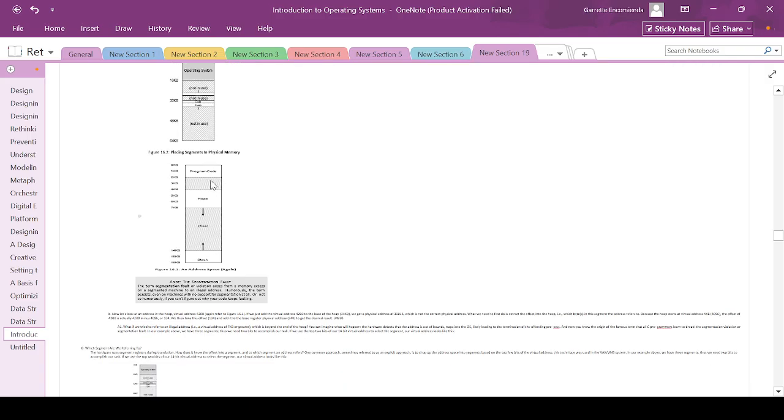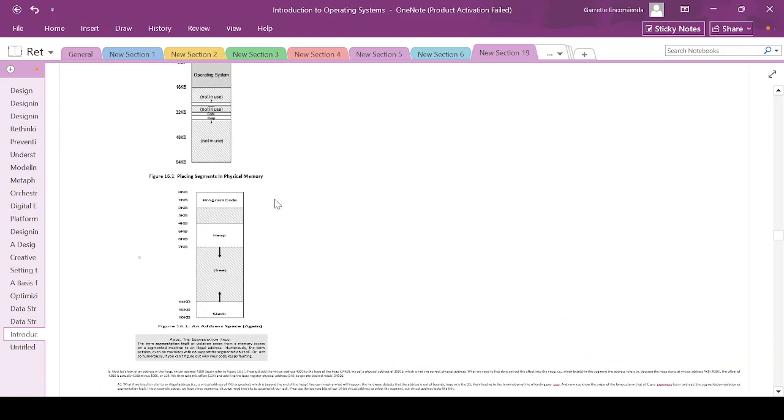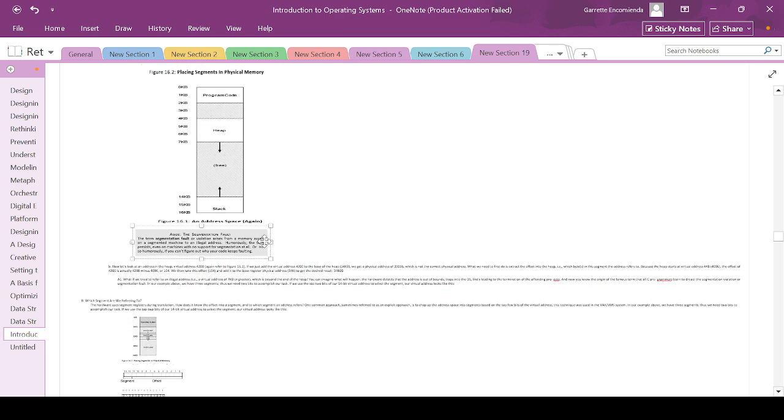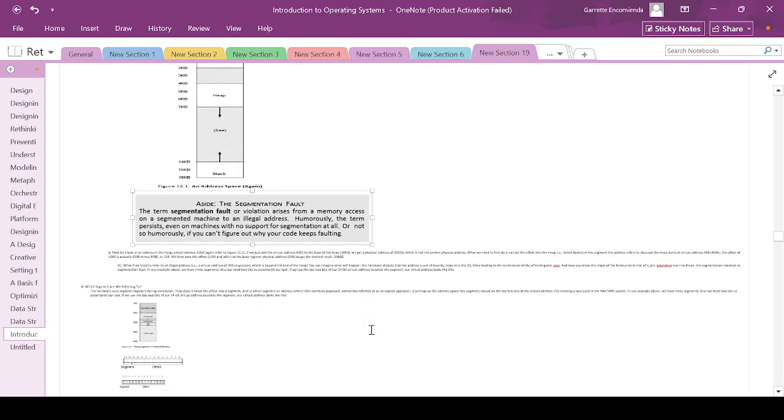So here, placing segments in physical memory. The term segmentation fault or violation arises from a memory access on a segmented machine to an illegal address.